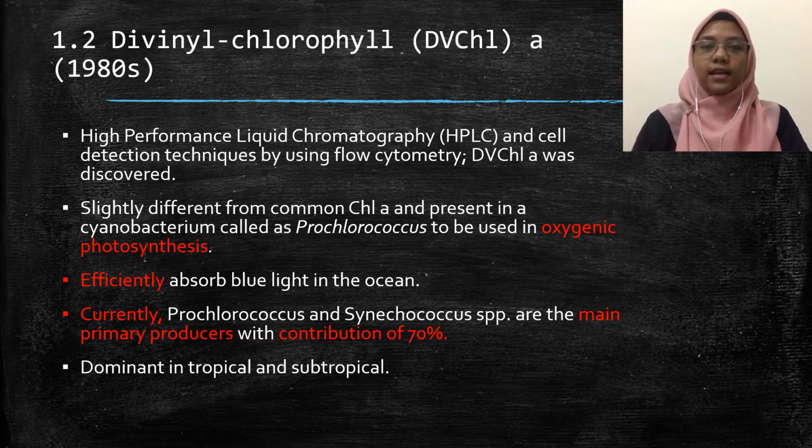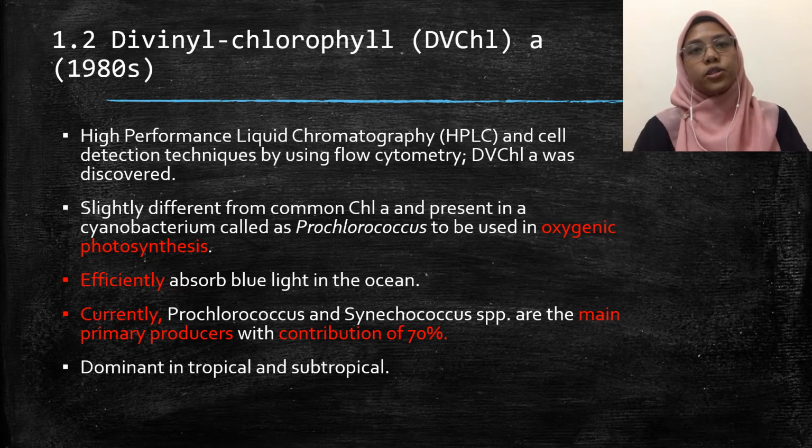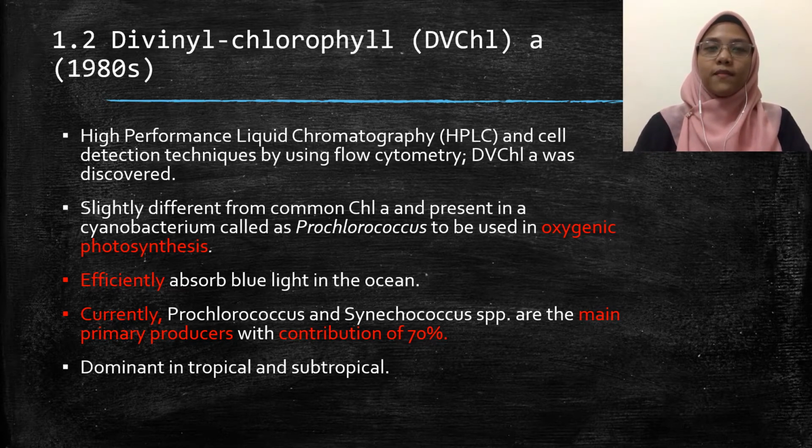DV chlorophyll a is slightly different from chlorophyll a, in that it has a different absorption spectrum. DV chlorophyll a is also present in a cyanobacterium called Prochlorococcus, and it is used in oxygenic photosynthesis. DV chlorophyll a also efficiently absorbs blue light in the ocean.